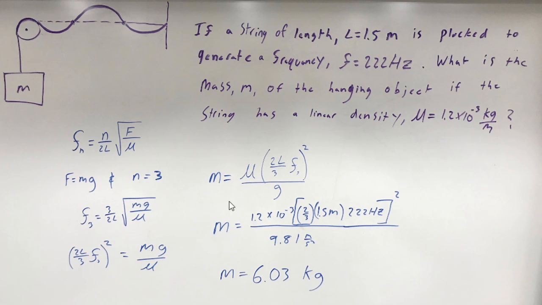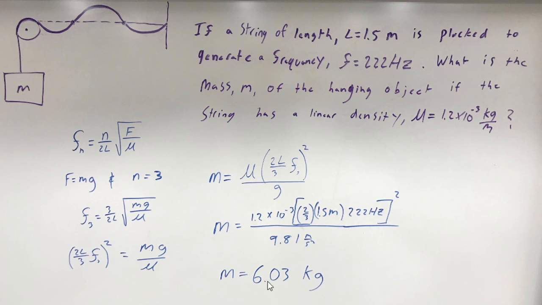Then all we need to do is multiply both sides by mu and divide by gravity. And we see that our mass is equal to what's written here. Now we know all the values, and we can plug that into our equation, and we end up with a hanging mass of 6.03 kilograms.